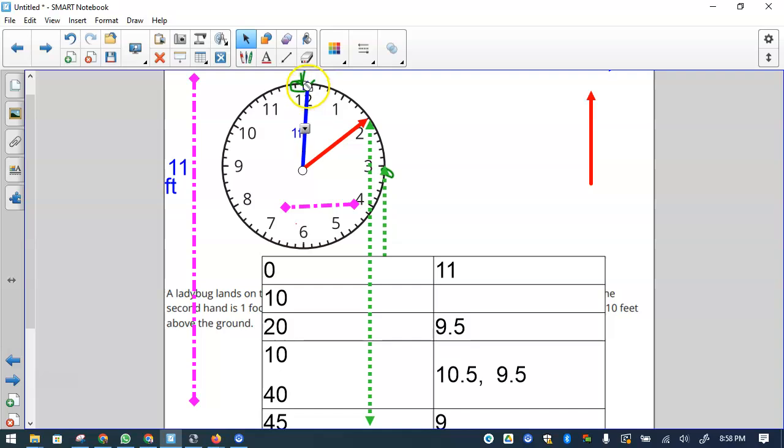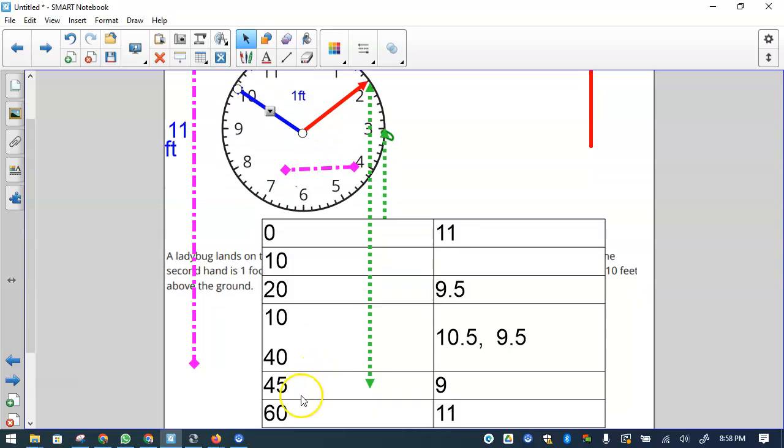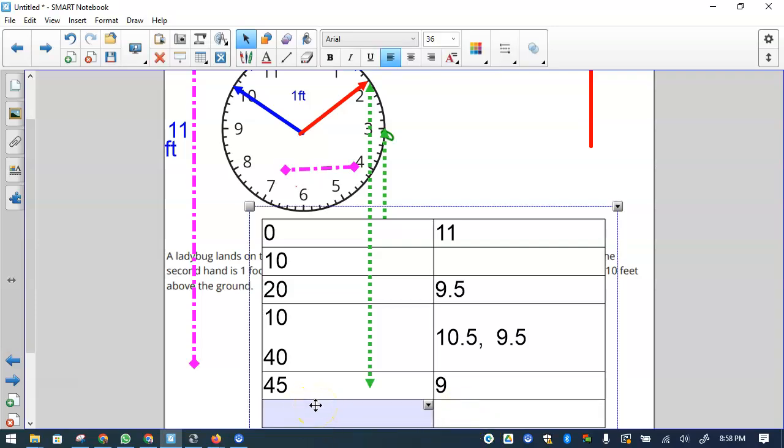It was here, then it goes 50 seconds right here. They didn't give us that, but still, if I had to take off this 60 and put it here instead of that 50, then you'll see the height will be 10.5, then 10.5.